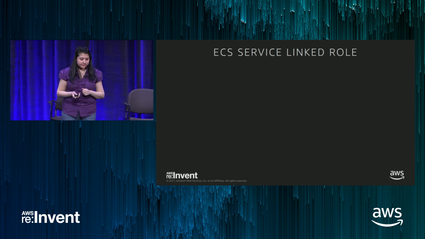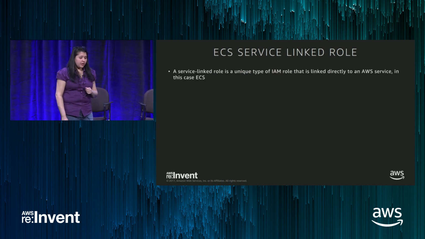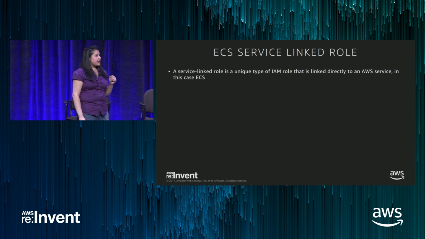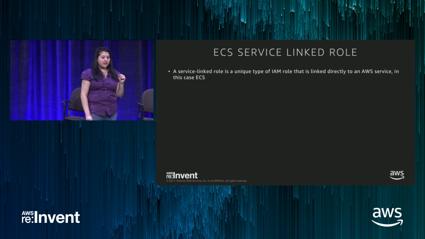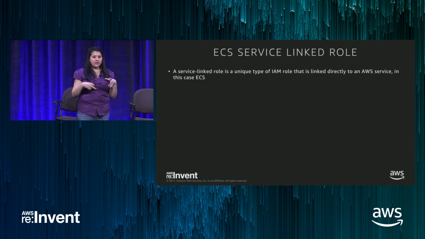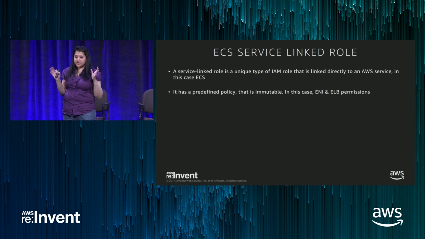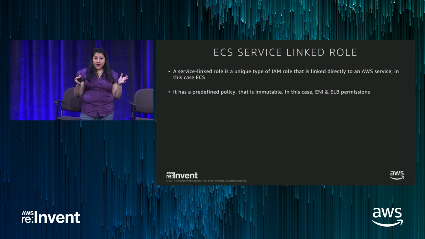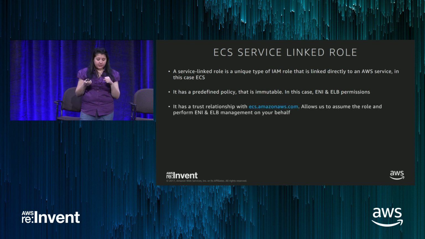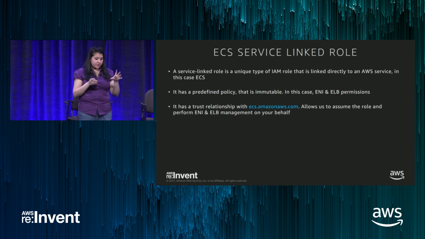Service-linked role. Some of you may be familiar, it's a new-ish IAM construct. It's essentially a managed IAM role that's directly linked to a service, and in this case, it's ECS. It's very hands-off. It has a predefined policy. You don't have to actually go into the IAM console and create it yourself. You don't have to do any of these steps.